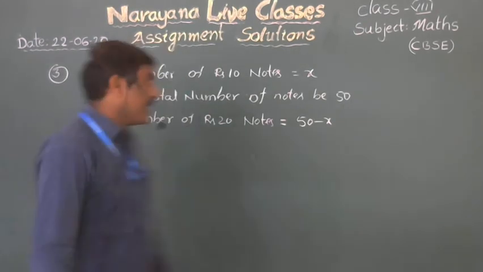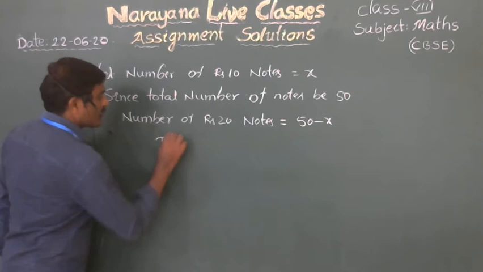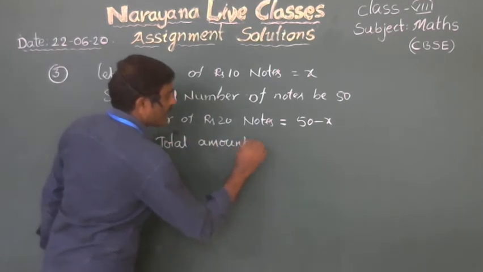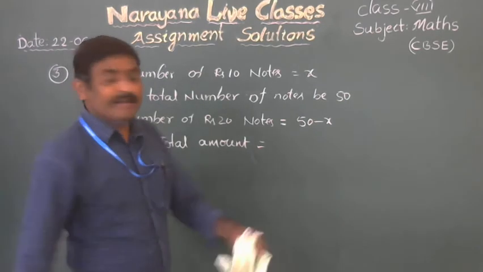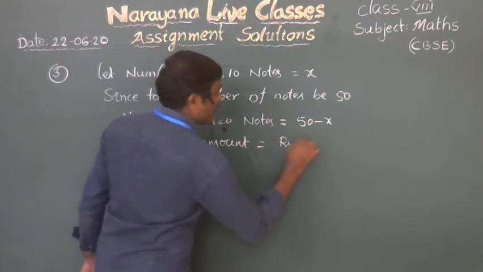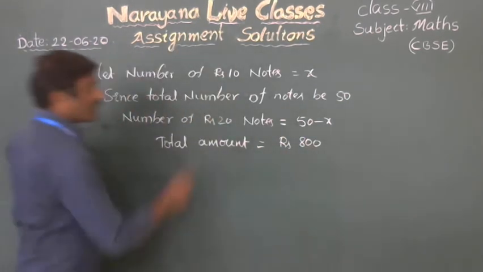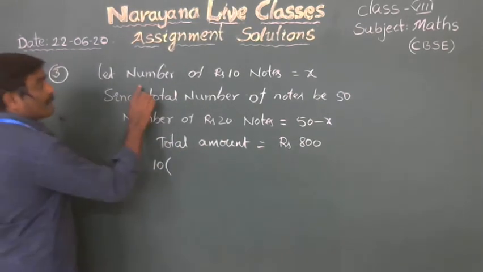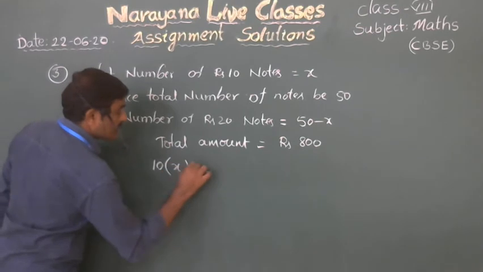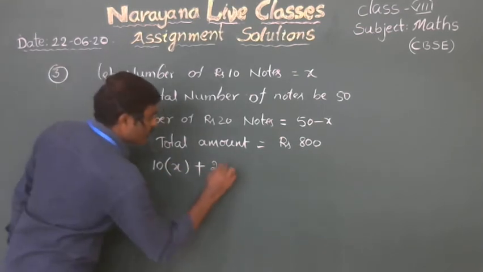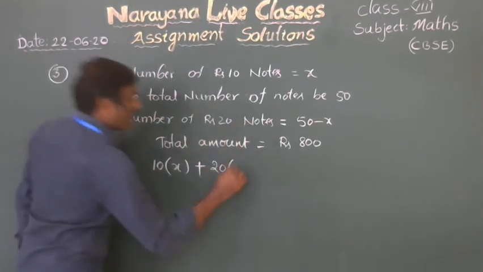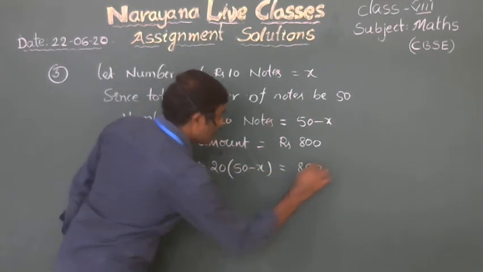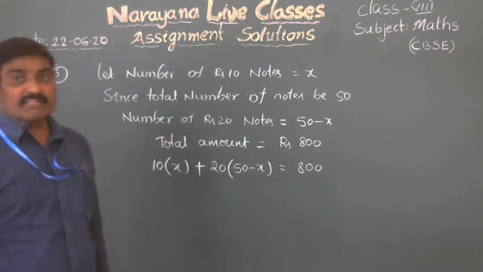The total amount given here is 800 rupees. So 10 into the number of 10 rupee notes, x, plus 20 into the number of 20 rupee notes, 50 minus x, is equal to 800. So this is the linear equation in one variable.